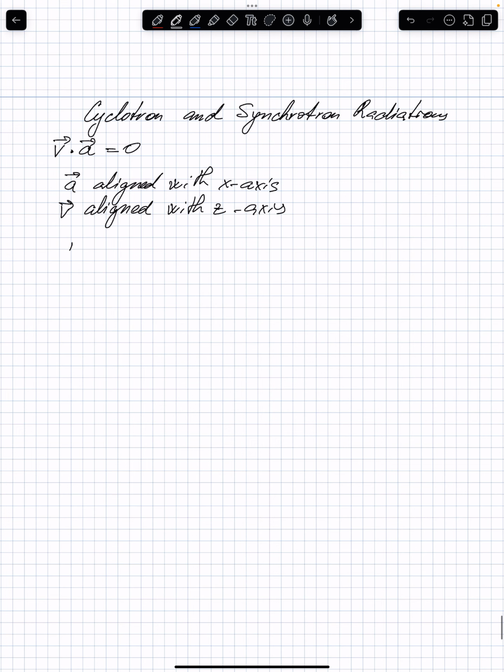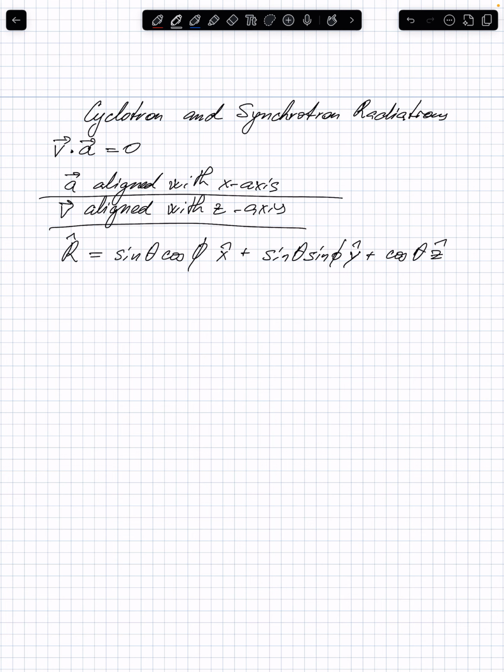Then we can parameterize our unit vector r using these angles: sine of theta, cosine of phi, x hat plus, and it's essentially just spherical coordinates, sine of theta with unit radius, of course, times sine phi, y hat plus cosine theta z. Okay, we will use this parameterization for r, assuming this alignment of the axis.